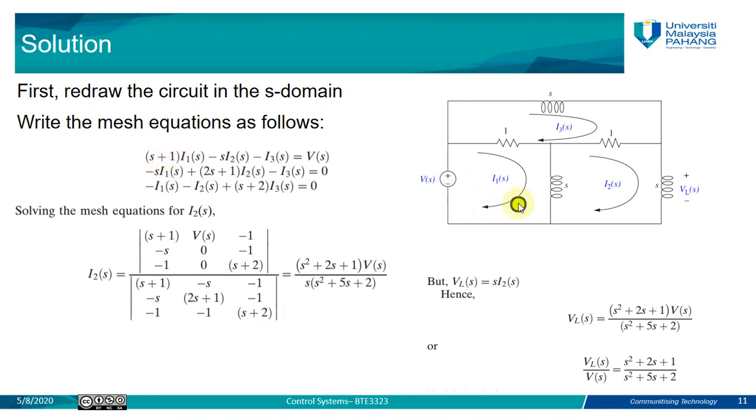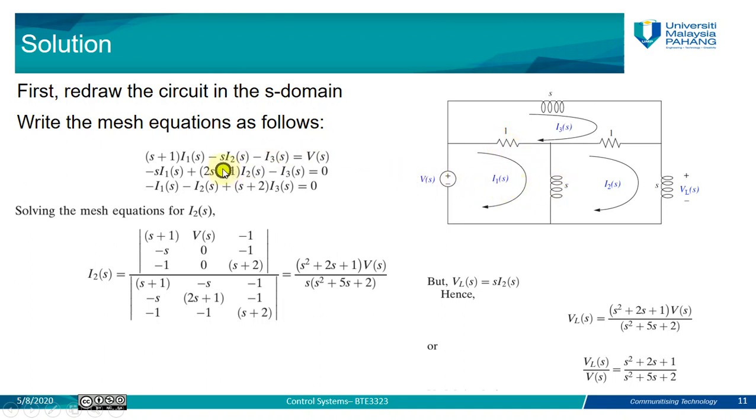Now, in this equation, there are some elements in common with other loops. We have s in common with I2, and we have 1 in common with I3. This s is common between loop 1 and loop 2, and this resistor is common between loop 1 and loop 3. The sign of these common elements will be negative, because we are focusing on loop 1, so the others are negative.